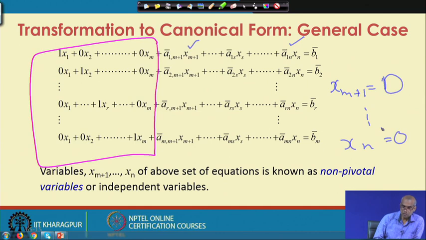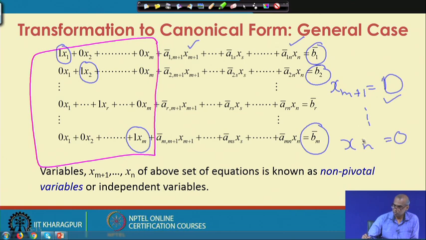Then the solution can easily be obtained as x 1 equal to b 1 bar, x 2 equal to b 2 bar, x m equal to b m bar and x m plus 1 equal to 0 up to x n equal to 0.